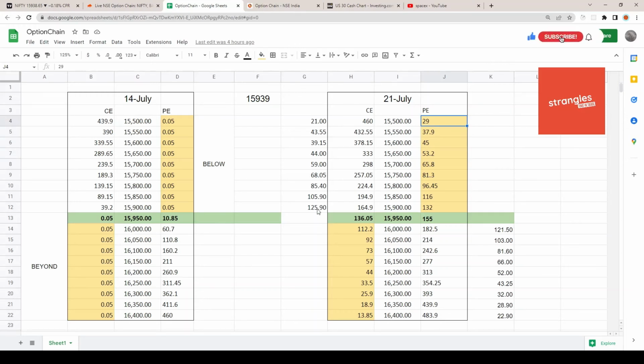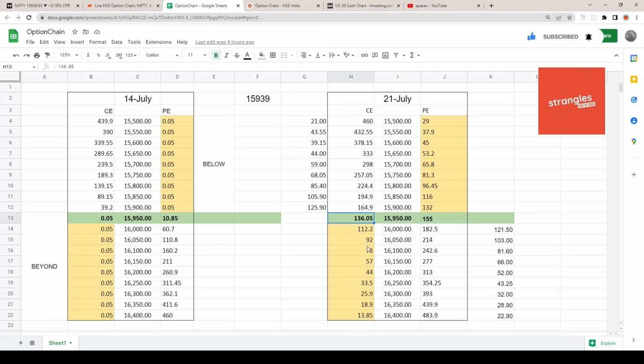And interestingly, even if you see the time value associated with the in the money options too, the farther you go away from the spot, the time value will be decreasing over here. So another conclusion that we can draw from this particular chart is that the time value of any contract is maximum when that particular contract is at the money.